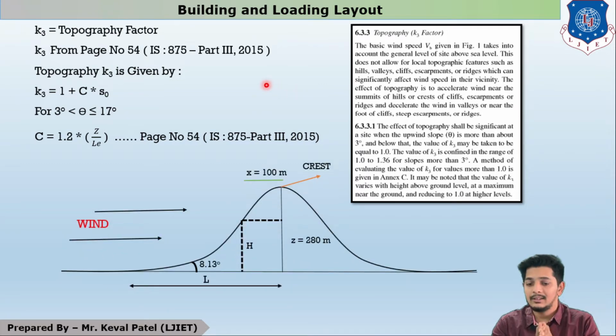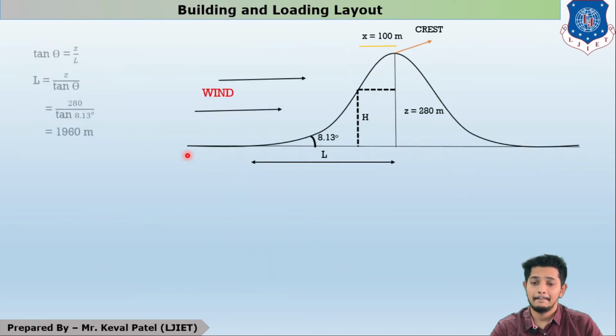Here I have a crest. The distance from crest is also given as 100 meter, as well as height of the crest, which is given as 280 meter. Now I can find out C from Z by LE into 1.2, as I am having theta. Again I will calculate the same way I was calculating in the previous problems. Let us see.